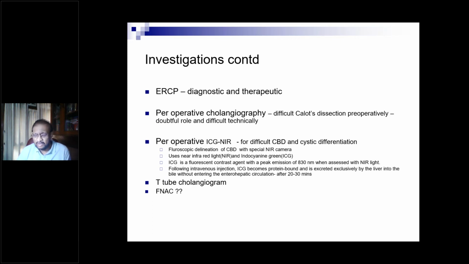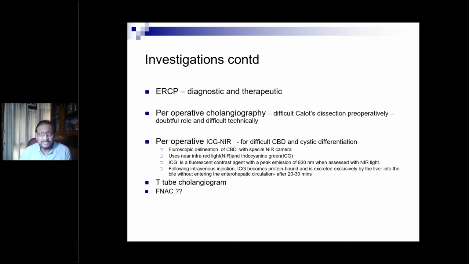So FNAC has a role in doing FNAC of the lymph node rather than FNAC of the gallbladder, although it has been advised by a number of persons now, especially in those cases where the whole thing is full of a growth. Otherwise, what's going to happen if you do FNAC of the gallbladder? The bile is going to leak out. But if the whole thing is filled with a growth, doing FNAC would be slightly safer than that, right?